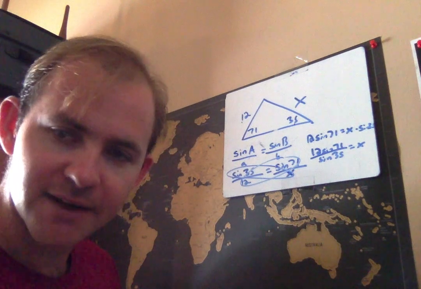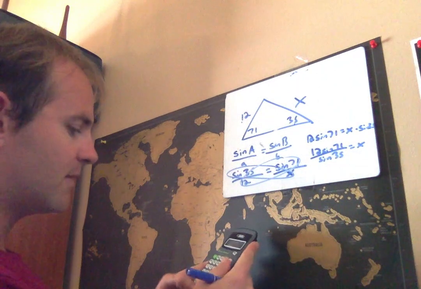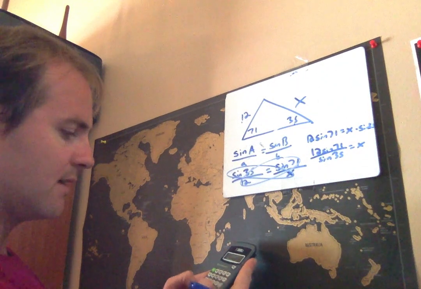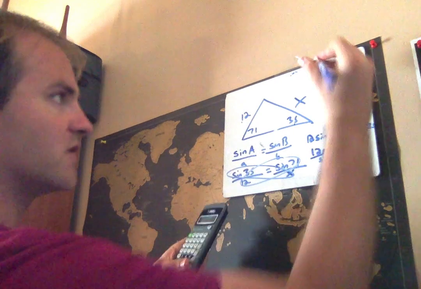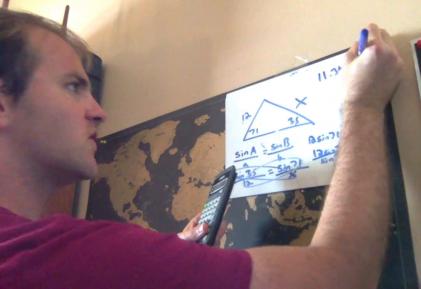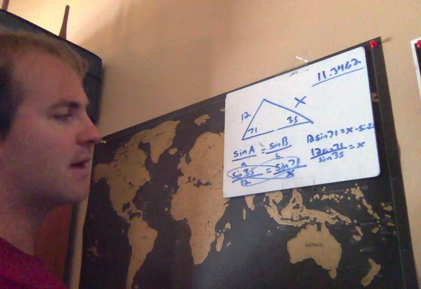Now, let's actually take out our handy-dandy calculators and do some of these decimals. I'm going to do sine 71 first. So 71, hit the sine key, multiply by 12. On top, that's going to give me 11.3462. I think 4 decimals should do it. That should prevent me from getting too off with my rounding.